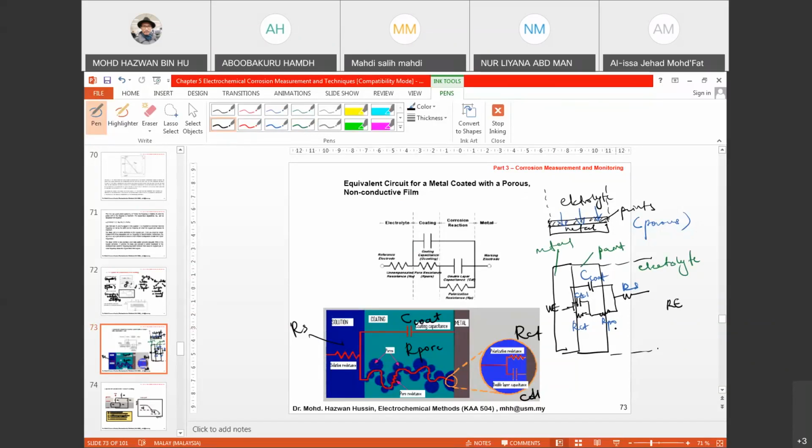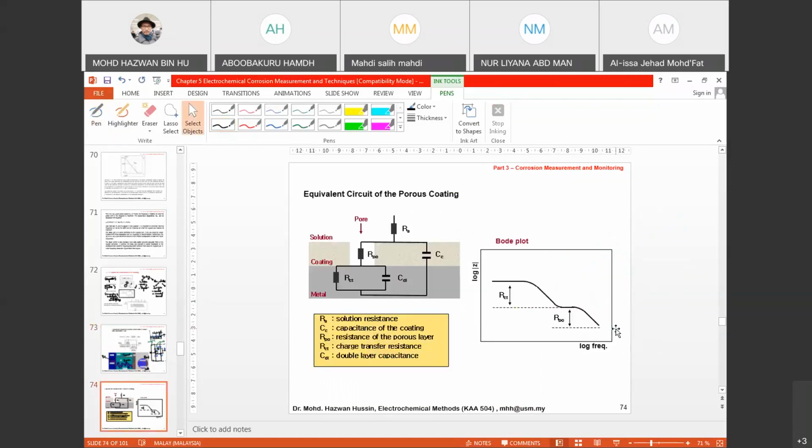Okay, all right. So how do we know that this is actually a porous coating? I mean, based on EIS, how do we indicate it? All the while we have been talking about the equivalent circuit, but we have not seen what the Bode plot or the Nyquist plot would look like.